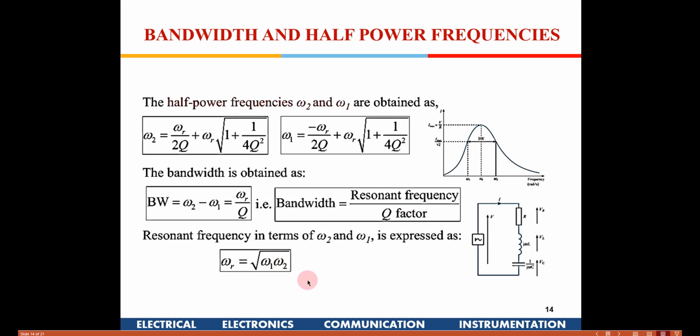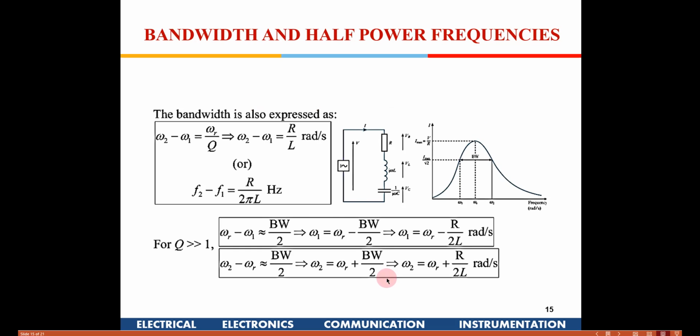So there are several formulas we have discussed, and you can use whatever is comfortable to you. There are several ways to compute omega 2, omega 1, even Q. We saw there are 3 formulas with which you can find Q. For resonant frequency, obviously there is a single formula, that is 1 by root LC.